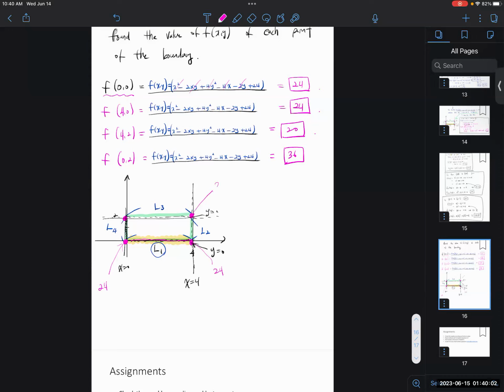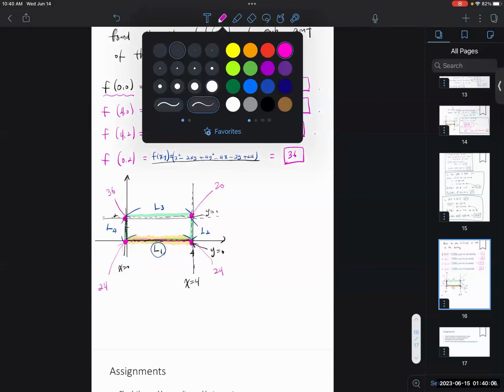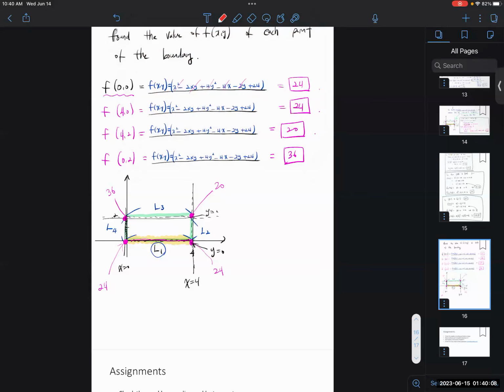Here you got 20, here you got 36. We also evaluate each of L1, L2, L3 and L4. What is L1? L1, we got 20. L2, this is your max, the value is going to be 17.75.